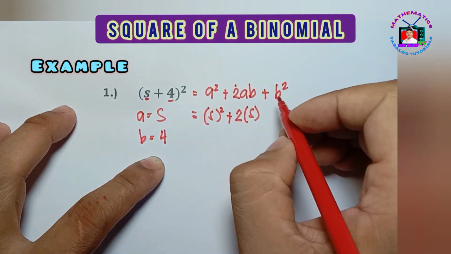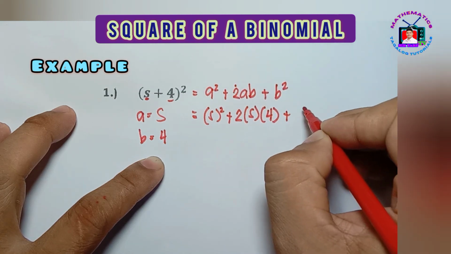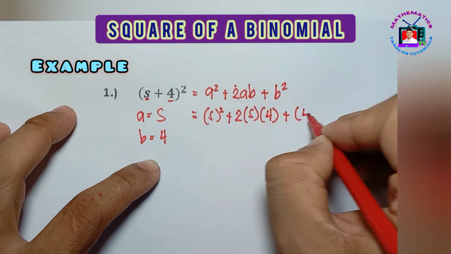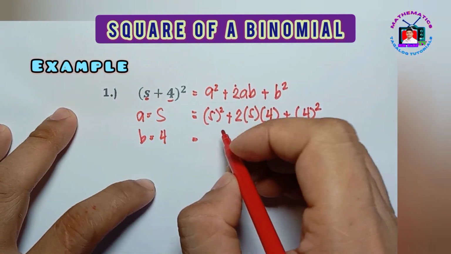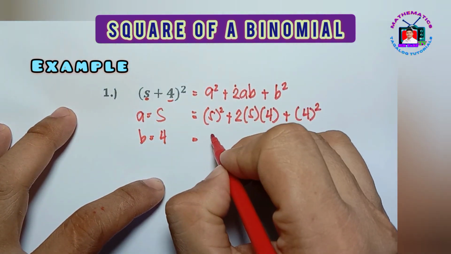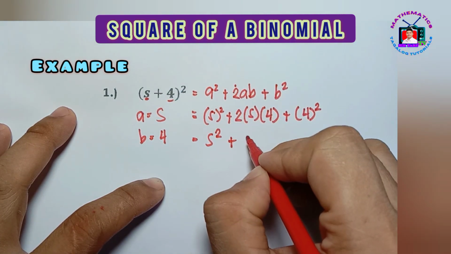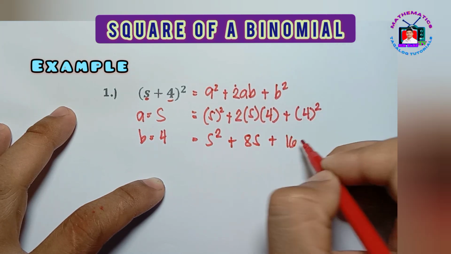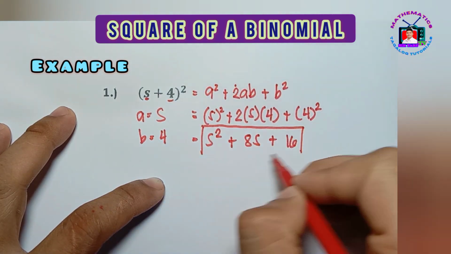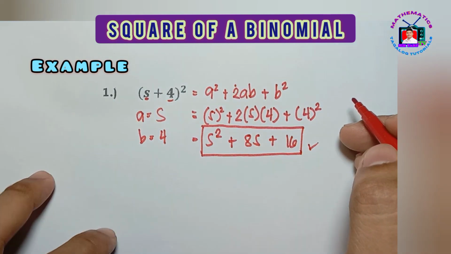So let's substitute into the formula. a is s, then 2 times s times 4, then the last term 4 squared. Then simplify. s raised to 2 is s squared, plus 2 times 4 times s, so that will become positive 8s, plus 4 squared is 16. So that is already our perfect square trinomial.